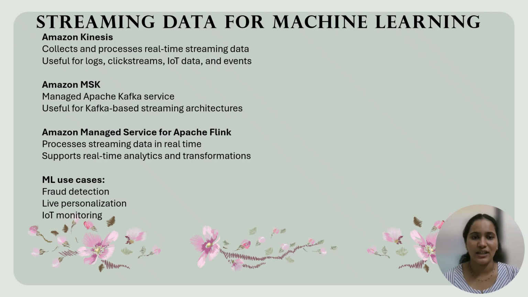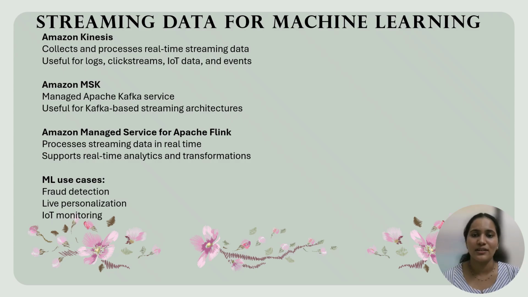Amazon MSK, or Managed Streaming for Apache Kafka, is a fully managed Kafka service that simplifies building and managing Kafka-based streaming applications. Another service is Amazon Managed Service for Apache Flink, which processes streaming data in real time and supports advanced analytics and data transformation before the data is used by machine learning models.